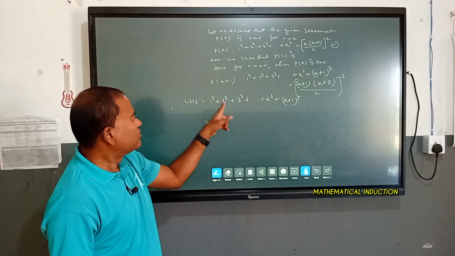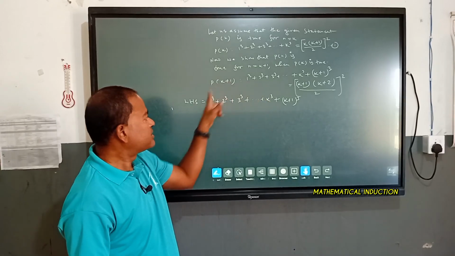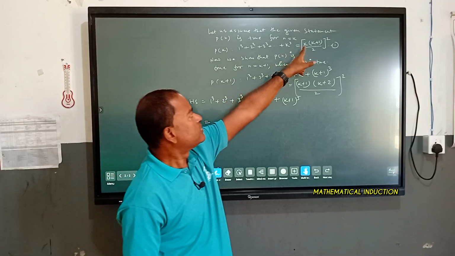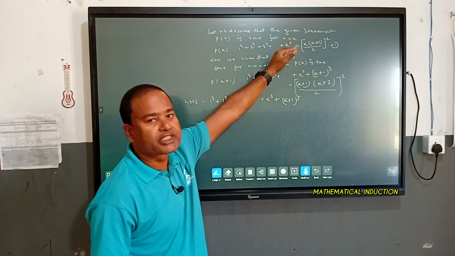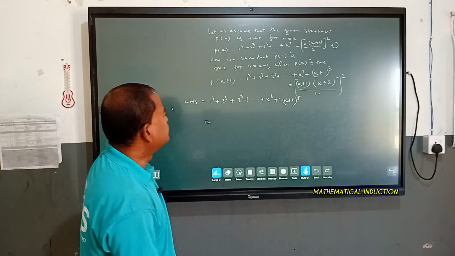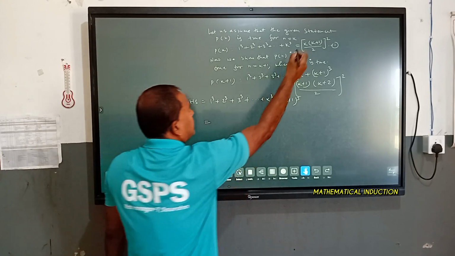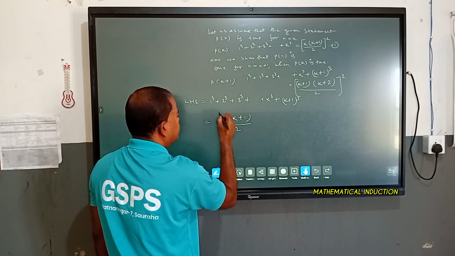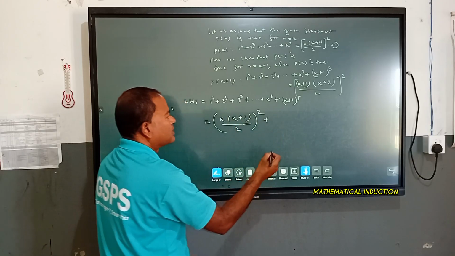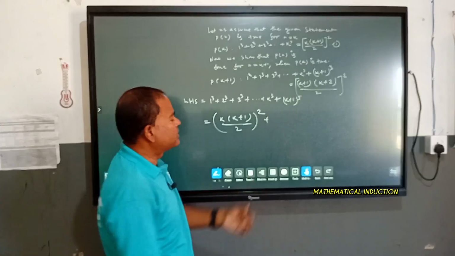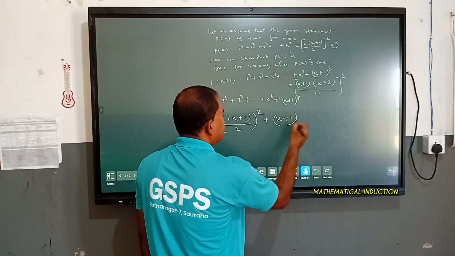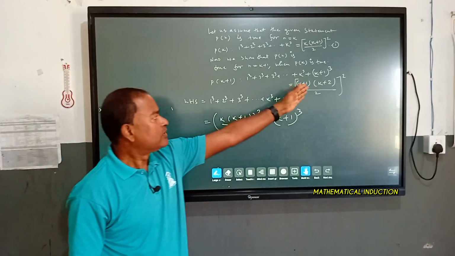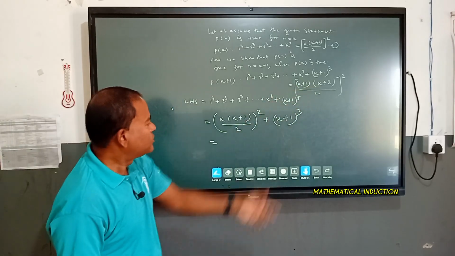So we know that 1³ + 2³ + ... + k³, that means the sum of the terms to the kth term, is equal to [k(k+1)/2] whole square. So let's use equation I, which is already true: [k(k+1)/2] whole square plus the last term (k+1) cube as it is. So dear students, after simplification of this expression, we'll get exactly RHS equal to RHS.